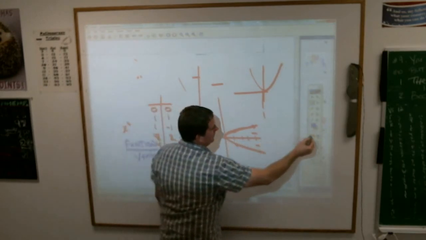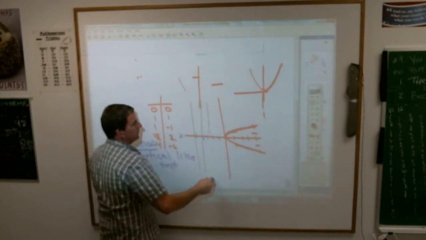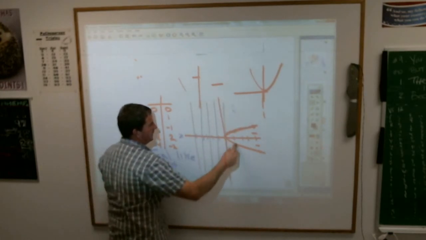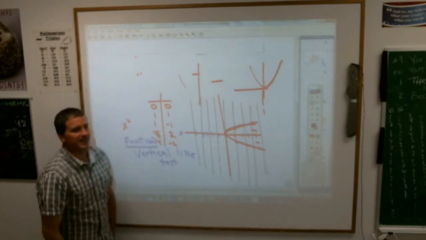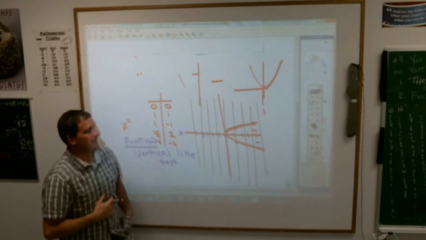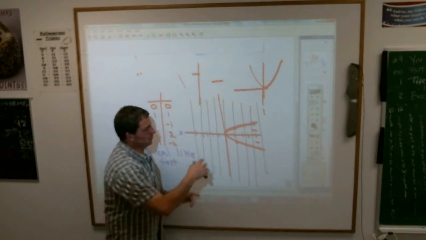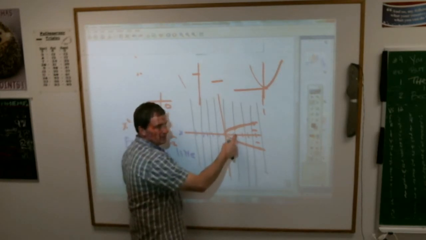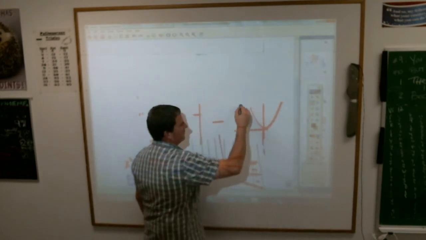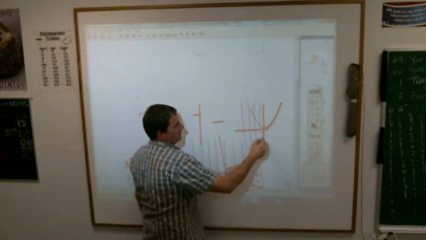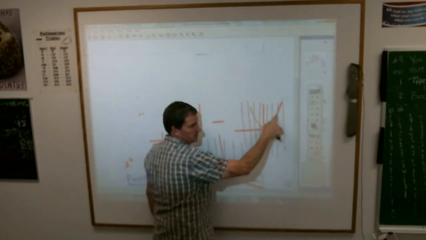If you draw vertical lines all the way through this thing, lines that are parallel to the y-axis, something is a function only if it doesn't cross any given line more than once. In other words, as soon as this crossed here in two places, this is not a function. A function has to look like this, where it's only going to cross every vertical line once and only once.